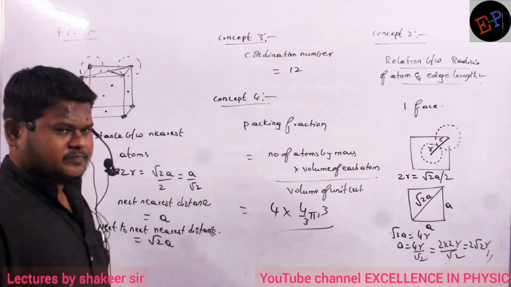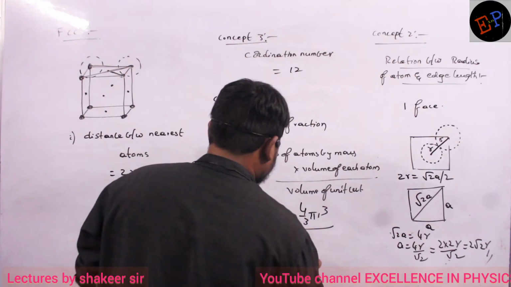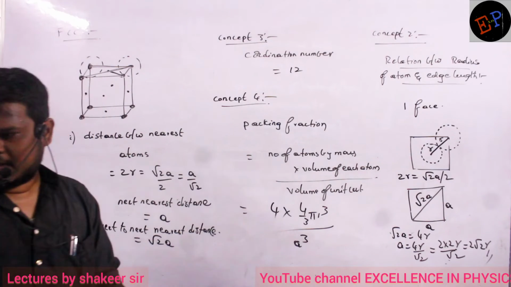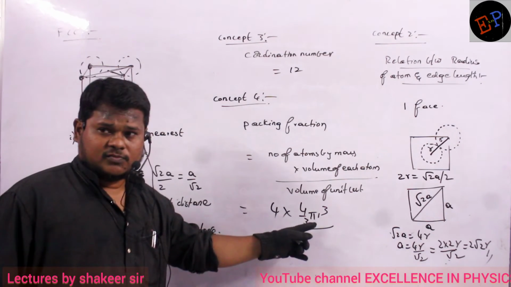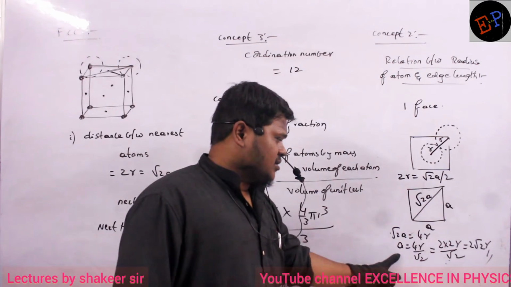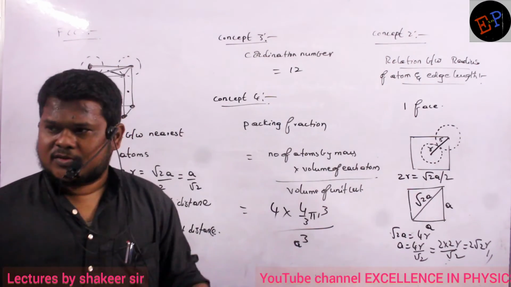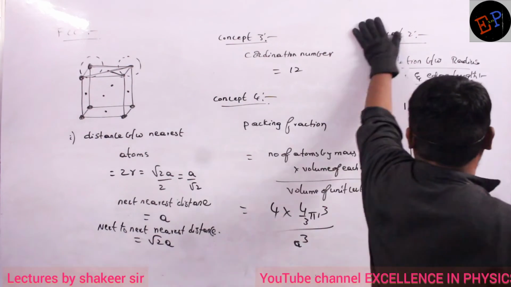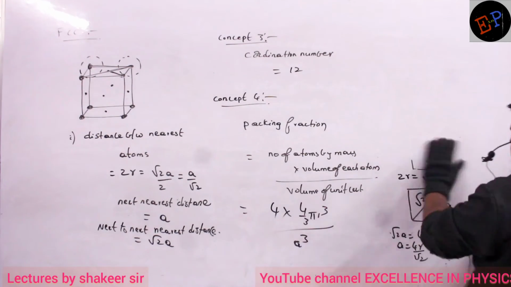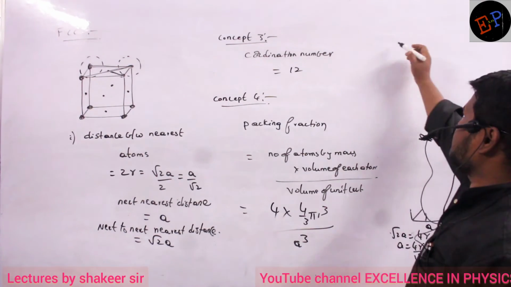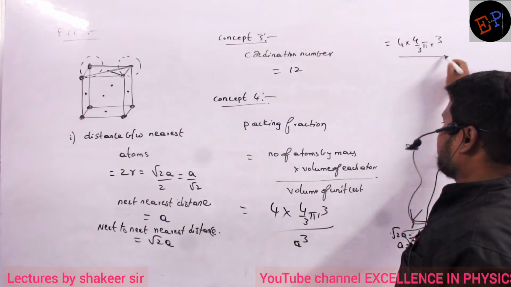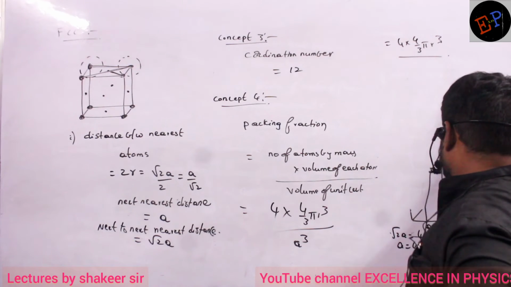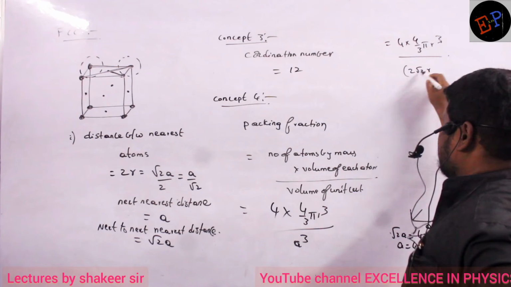Volume of unit cell? Volume of unit cell is just a cube. That's all, no? Now already we have calculated a relation between a and r, no? What is that relation? a is equal to 2 root 2 into r. So substitute that. Already we found the relation, just you need to substitute it. So therefore 4 into 4 by 3 pi r cube, multiplied by, instead of a I have to write 2 root 2 r whole cube.